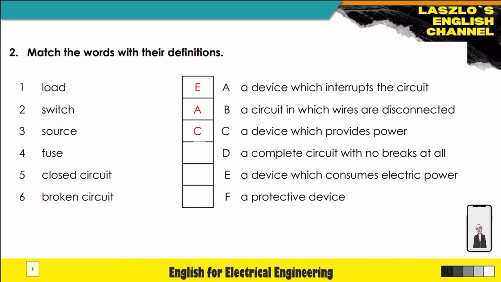Fuse is a protective device. A closed circuit is a complete circuit with no breaks, and a broken circuit is a circuit in which wires are disconnected. EACFDB. Right, okay.